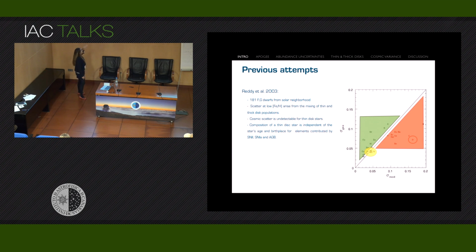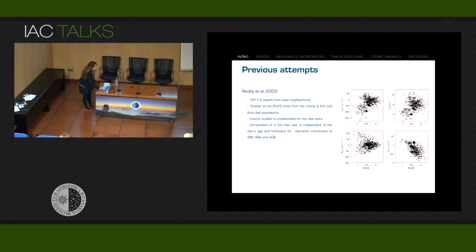And if you are in between, and here is where almost all the alpha elements are lying, it means that you cannot say anything. Your estimated errors are more or less the same as the scatter you are measuring. So since Reddy didn't have any thick disk stars, he looked for other samples and put everything together.